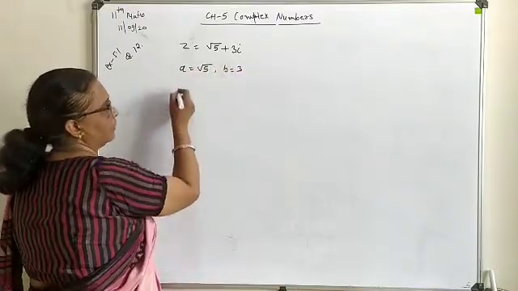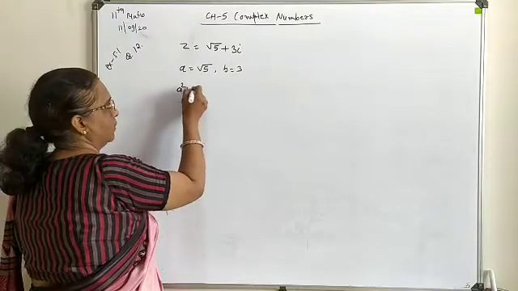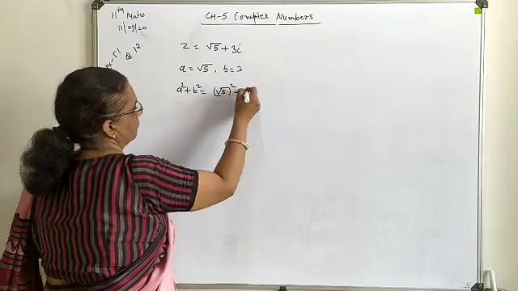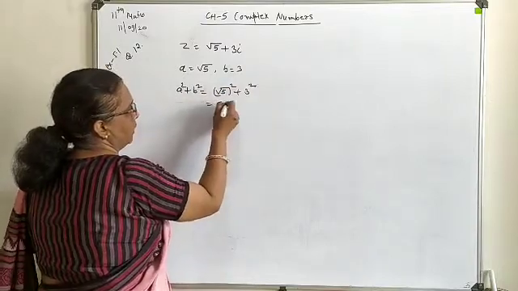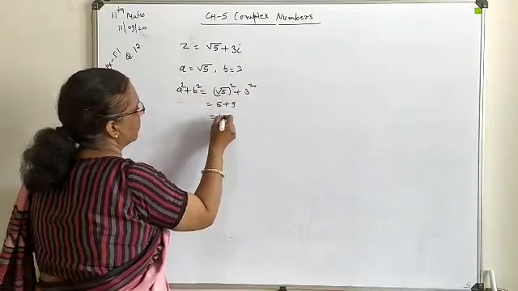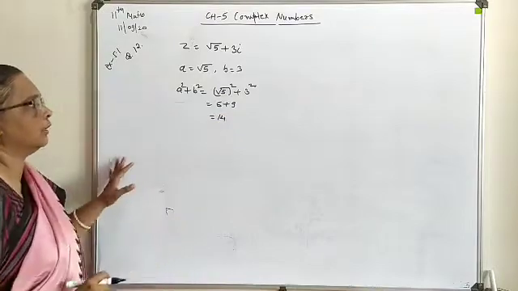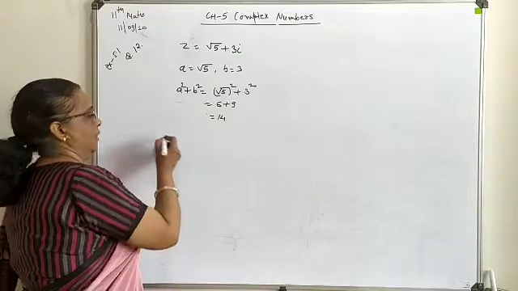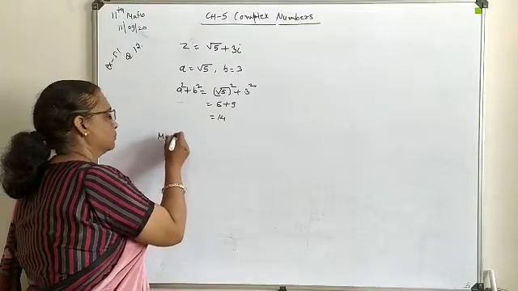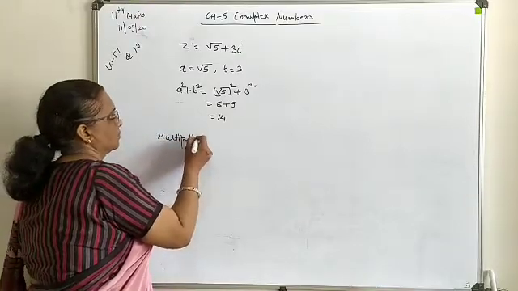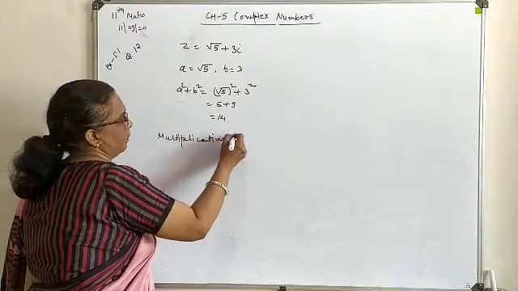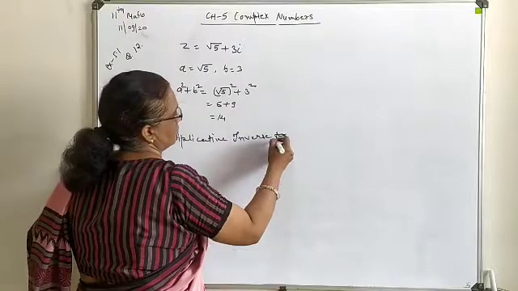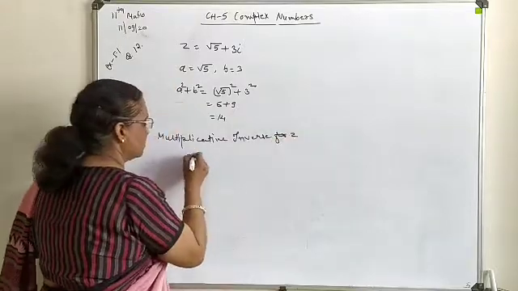Now here first of all we will find the value of a square plus b square, that means 5 plus 9, which is 14. Now we will write the multiplicative inverse for the given z. That is z inverse.